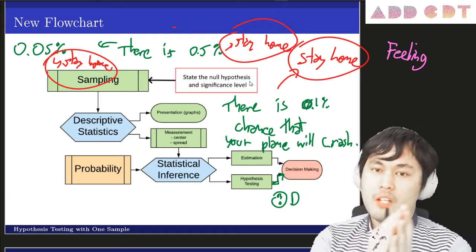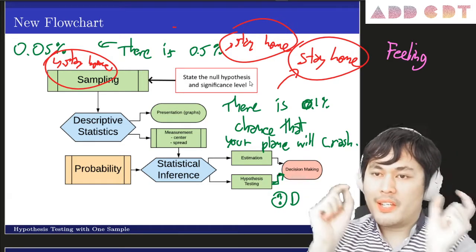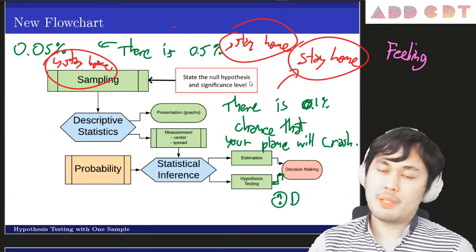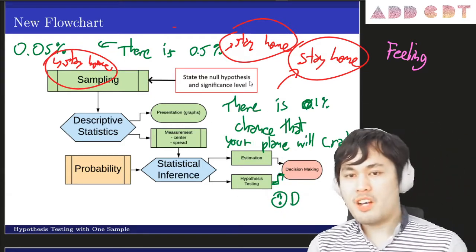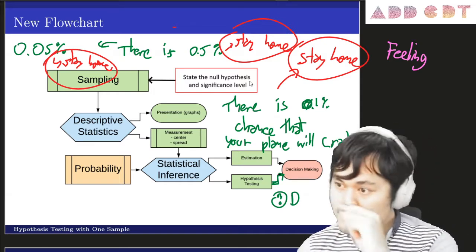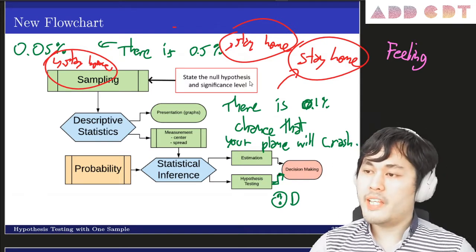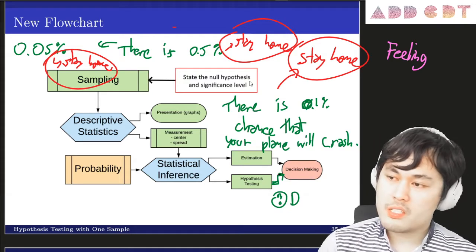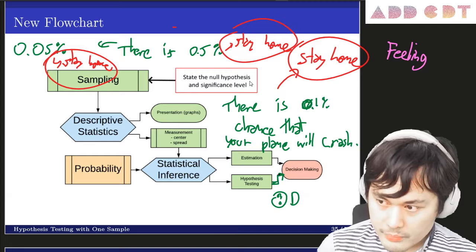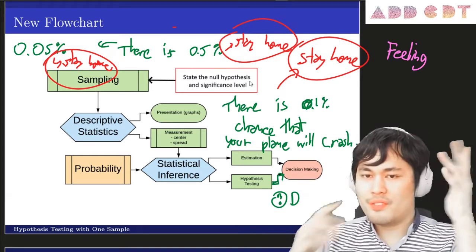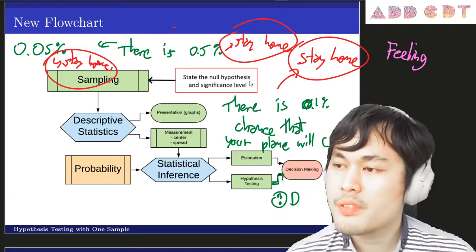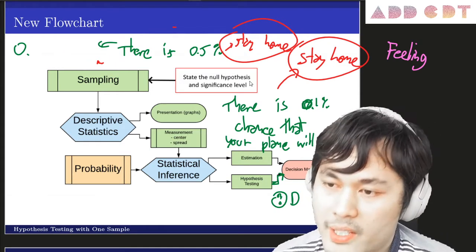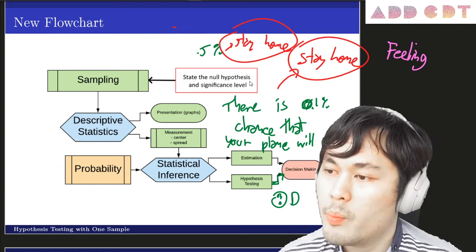Because this is based on your feeling, it is easy to be manipulated by other sources, from the news, from your friends, from social media, or wherever you check your news daily. So that's gonna be a problem if you make a decision based on the number you just heard and just use your gut feeling. That's why we cannot wait until the very end to make a decision.